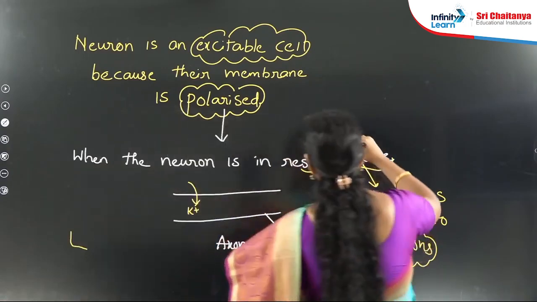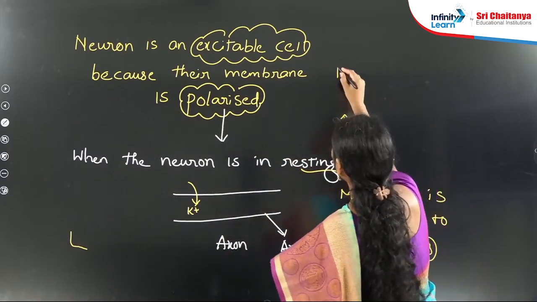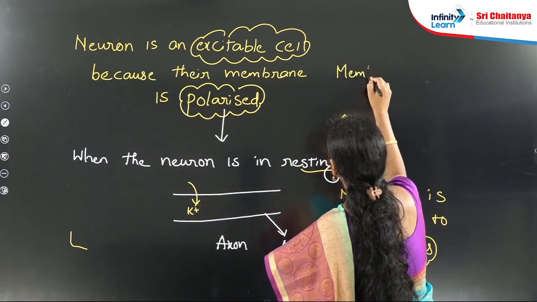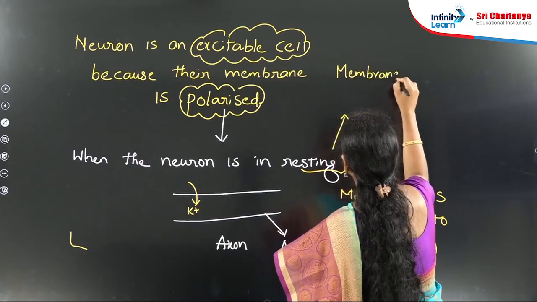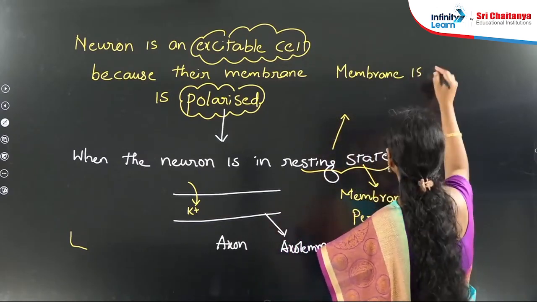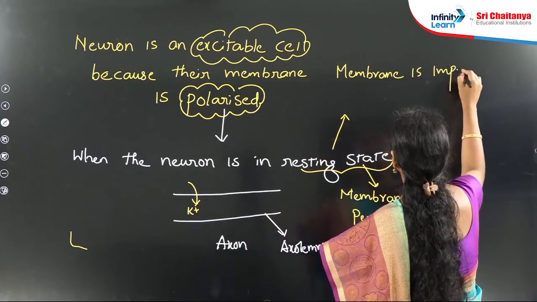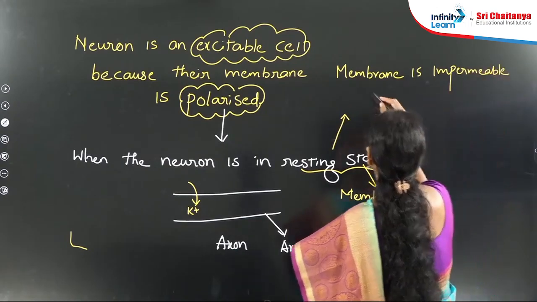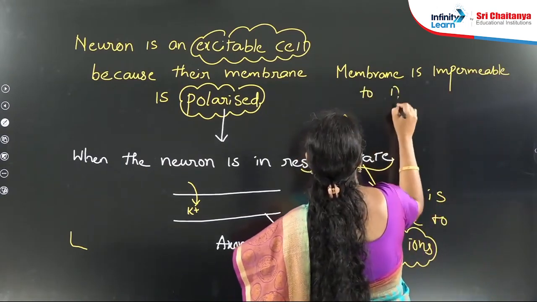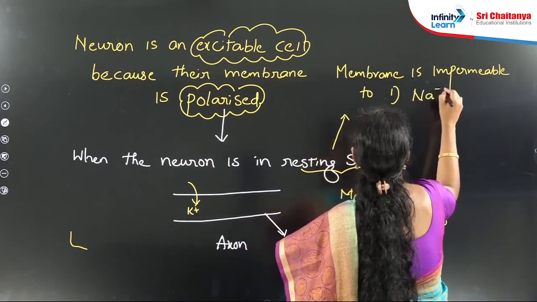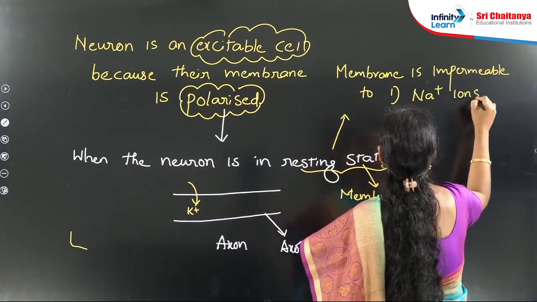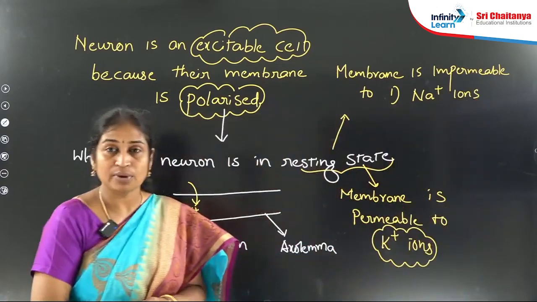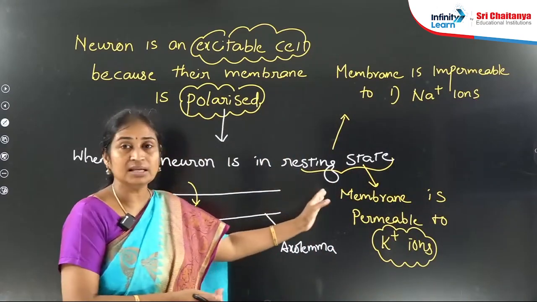Whereas during the same resting stage, the membrane is impermeable. This is permeable and this is impermeable. It is impermeable to, number one, sodium ions. It means sodium ions are never permitted when the membrane is in resting state.